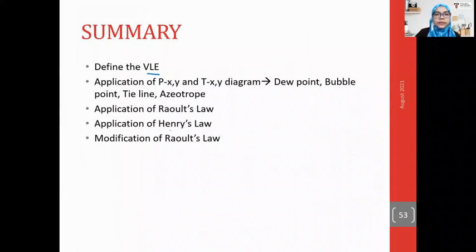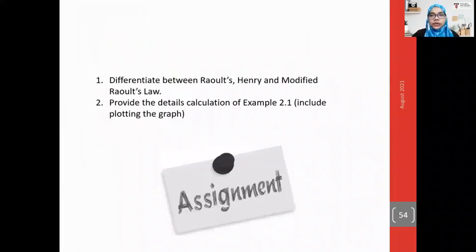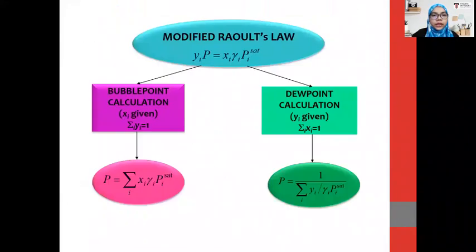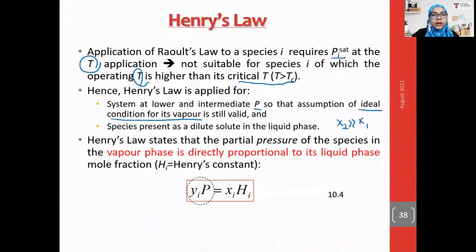modified Raoult's law. Okay, to test your understanding, please submit this assignment to me as your attendance proof: differentiate between Raoult's law, Henry's law, and the modified Raoult's law. And then proceed with example 2.1, providing the detailed calculation. You may refer to this example.